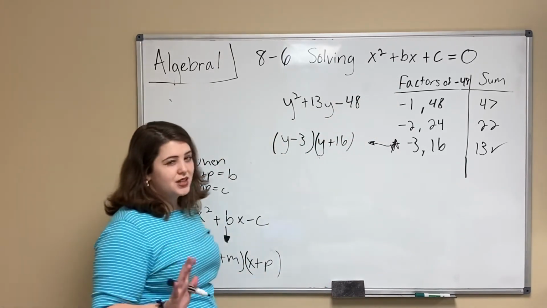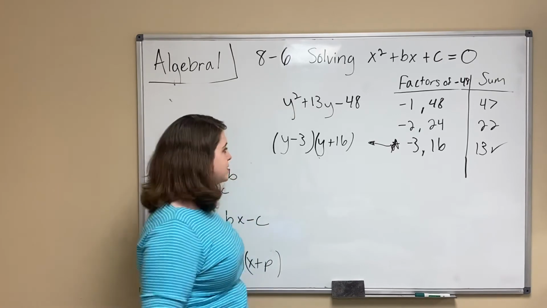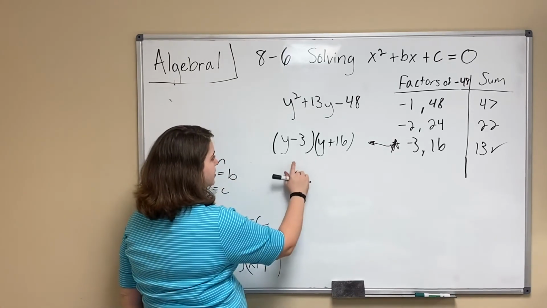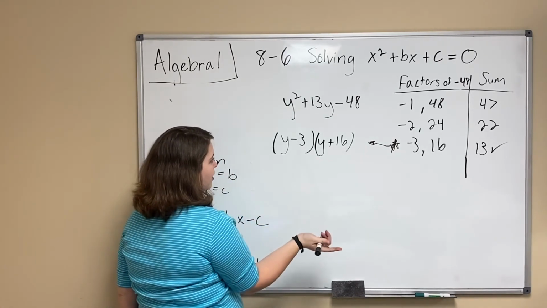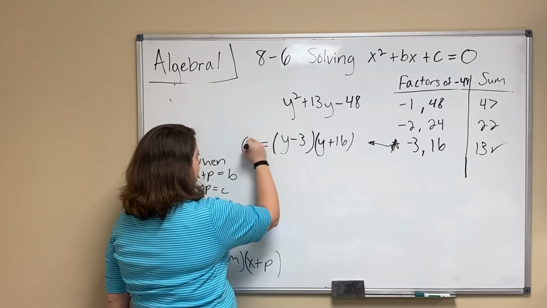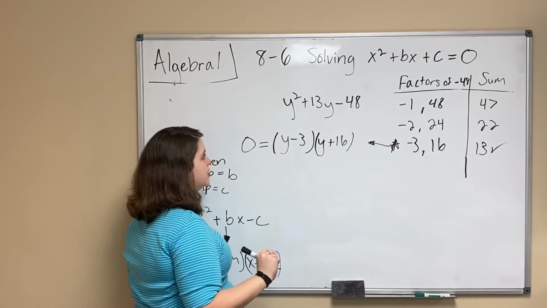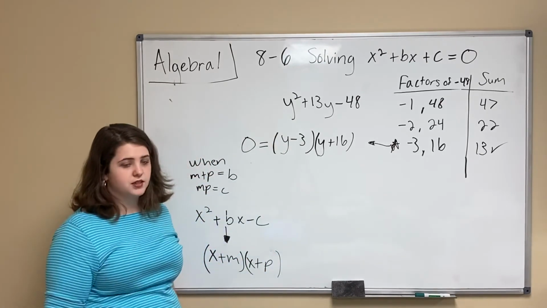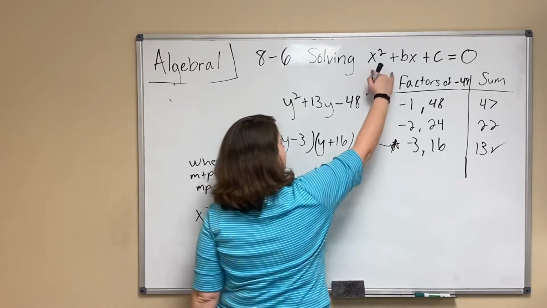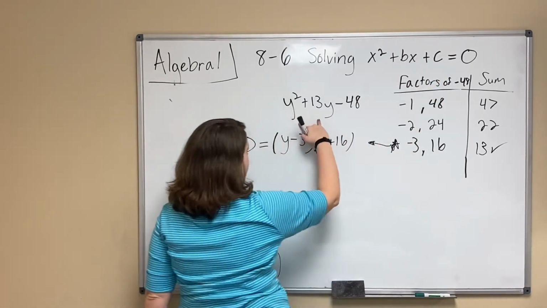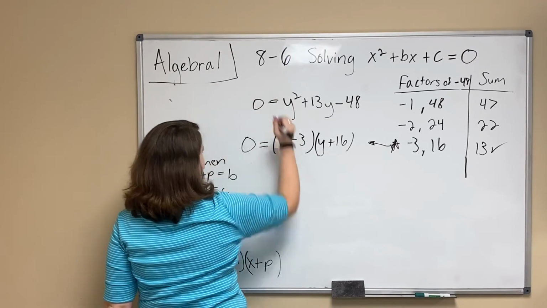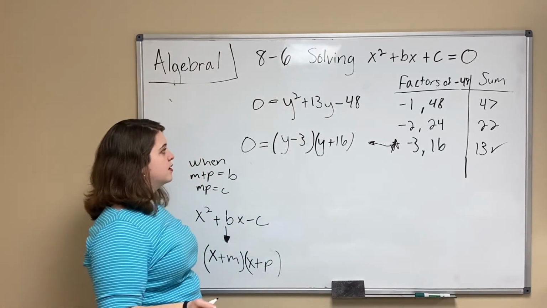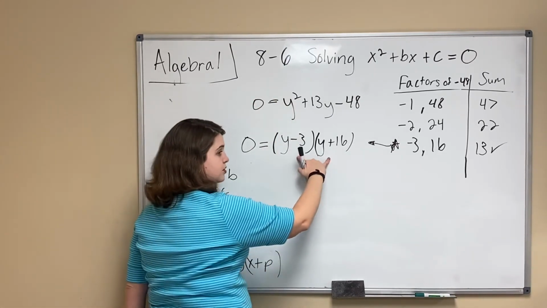The final step to all of these problems, once you've figured out this far, is setting it equal to 0, because I'm trying to solve these equations. So I've taken an equation that looks like this. I've factored it out into two binomials.